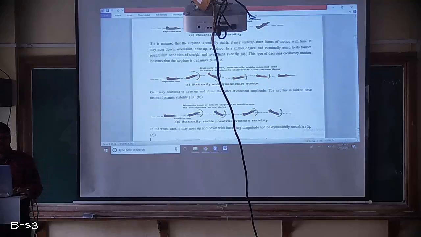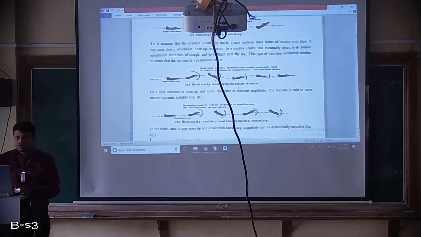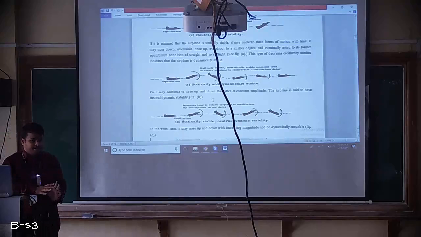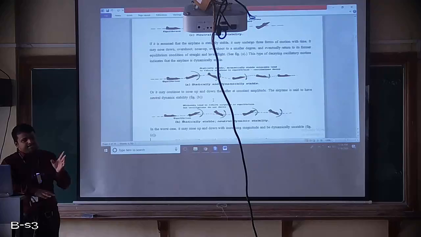Here one more graph is there, statically and dynamically stable. One thing I would like to say: when your aircraft is dynamically stable, that means it is already statically stable. Only if your aircraft is statically stable can it achieve dynamic stability. Otherwise, it is impossible.